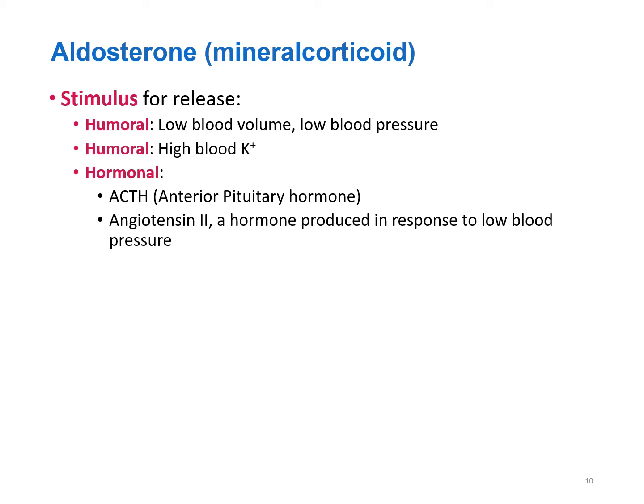High blood potassium will also stimulate the release of aldosterone. And a hormonal stimulus that will stimulate the release of aldosterone is ACTH, adrenal corticotropic hormone. So in addition to causing the release of adrenal androgens, it will also cause release of aldosterone.